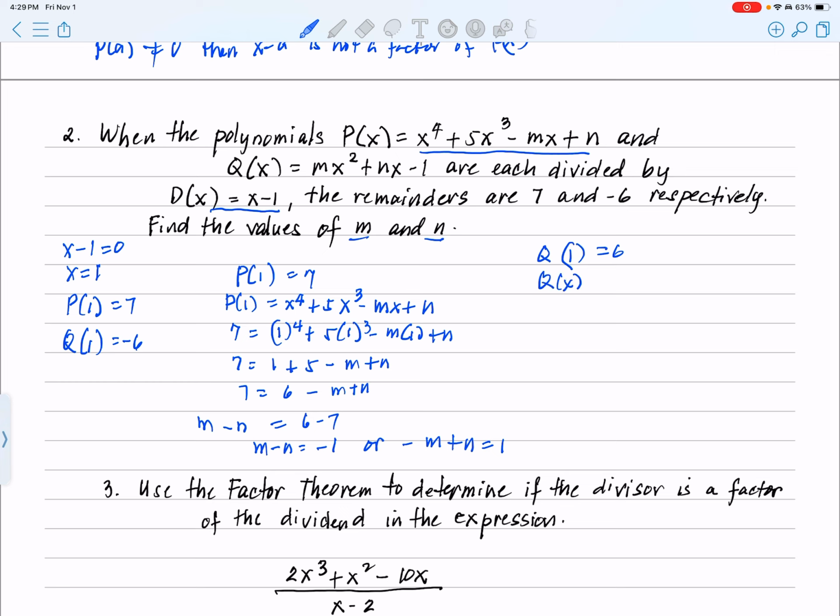That is mx squared plus nx minus 1. Okay, I'm going to replace, the Q of 1 equals negative 6. So I have negative 6. Then I replace the x with 1, because this is Q of 1.